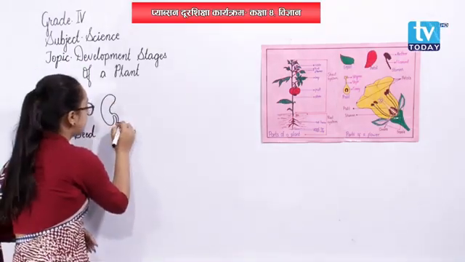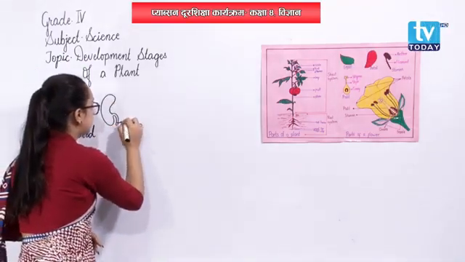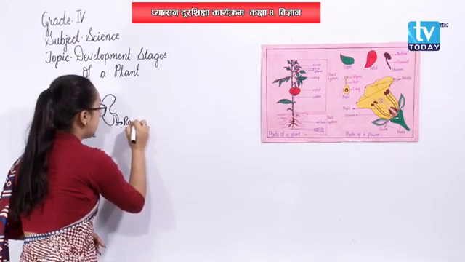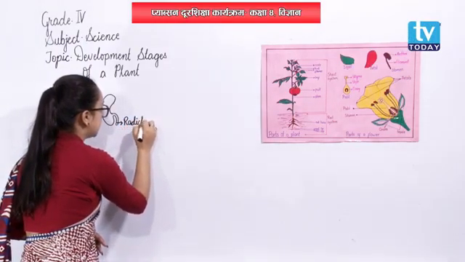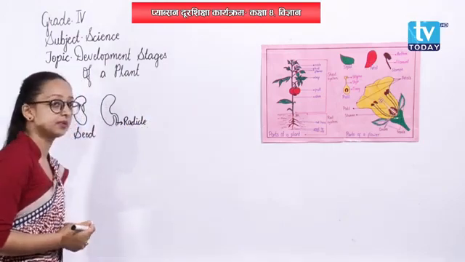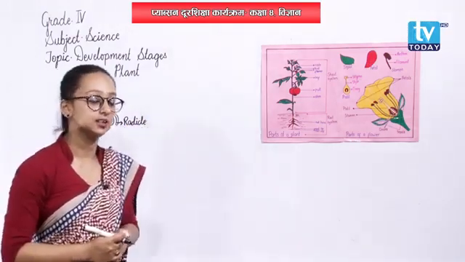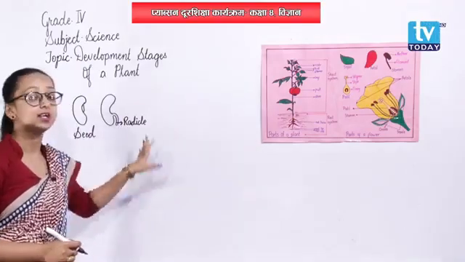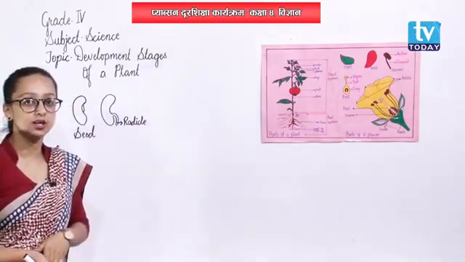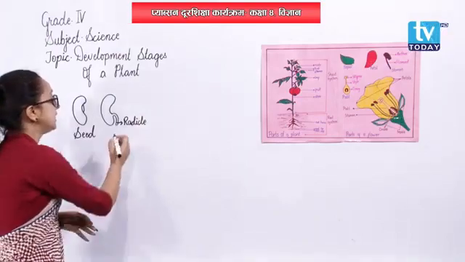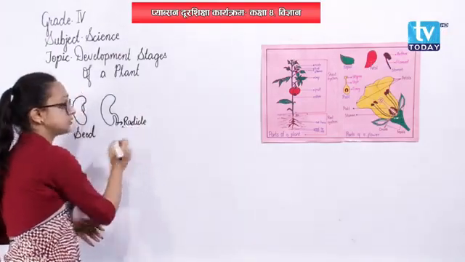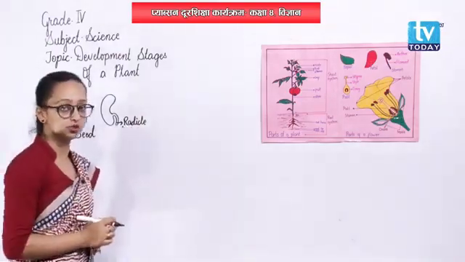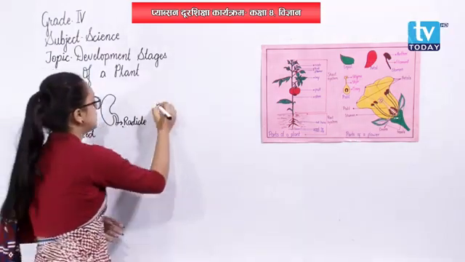This small structure that has appeared from the seed is called the radicle. What is it called? It is called the radicle. After some days, this radicle is the structure that grows into roots. And then what happens?